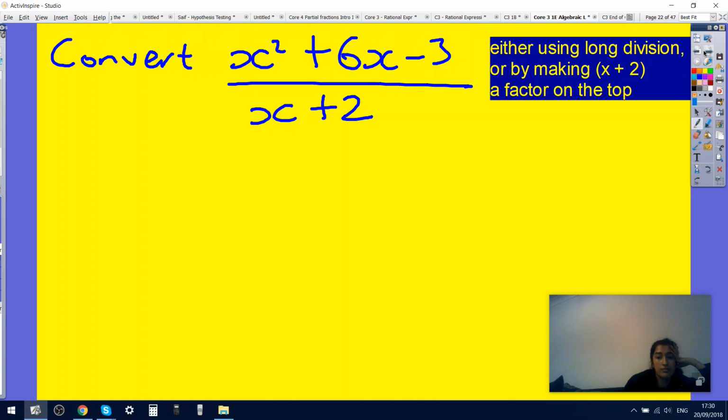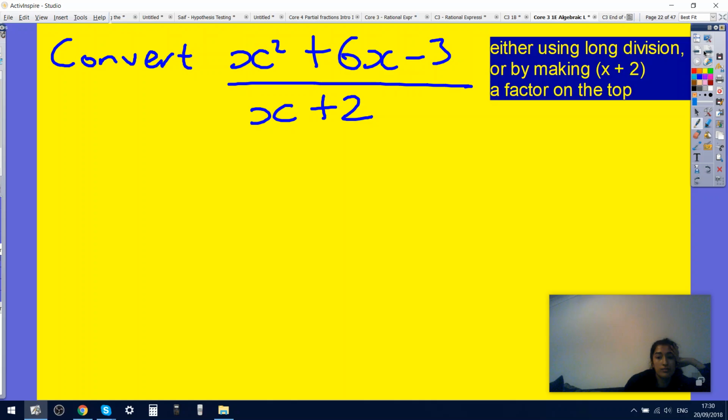Let me think about this. Okay, let's try this. Do I factorize the top first? I don't think it does factorize. I'll just go straight to the long division. Over means divided by.